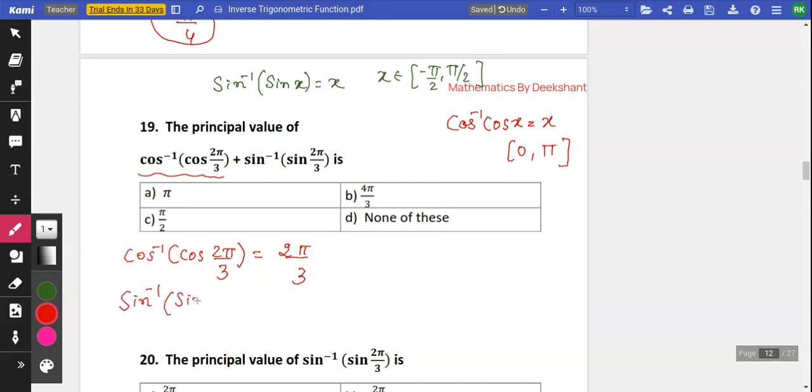Sine 2 pi by 3: 2 pi by 3 can be written as pi minus pi by 3, and sine of pi minus theta is equal to sine theta.